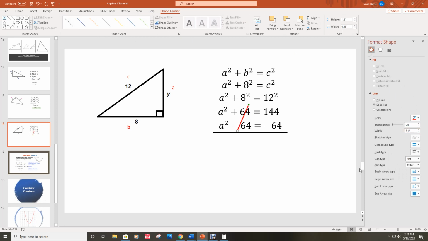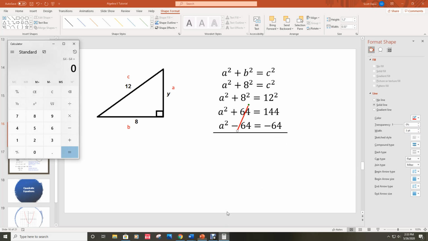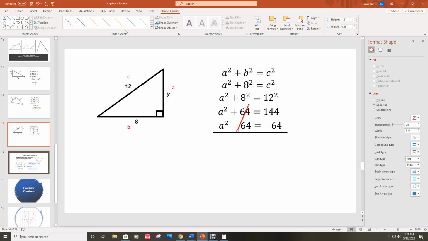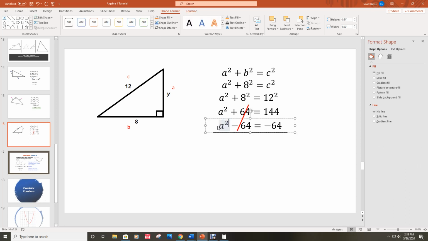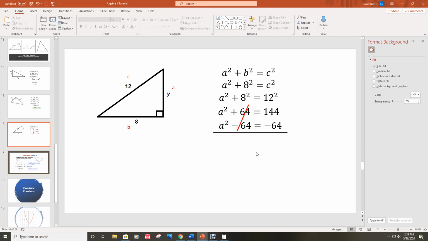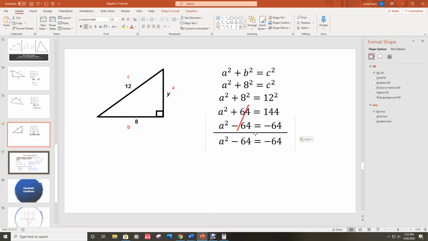And then let's see what 144 minus 64 equals. 80. All right. So we are left with A squared equals 80.